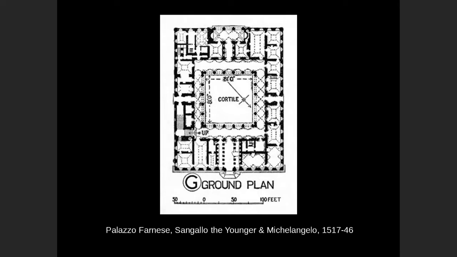Things can look inward for privacy and security. Again, if you're wealthy in this era, the mob might rise up and try to usurp your power if they get angry at the wealthy, which happens every so often, right? And so it's good to be in a palace that has some security.